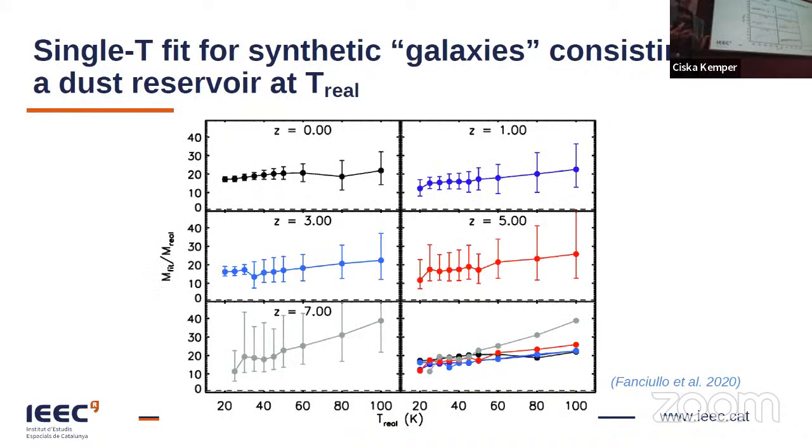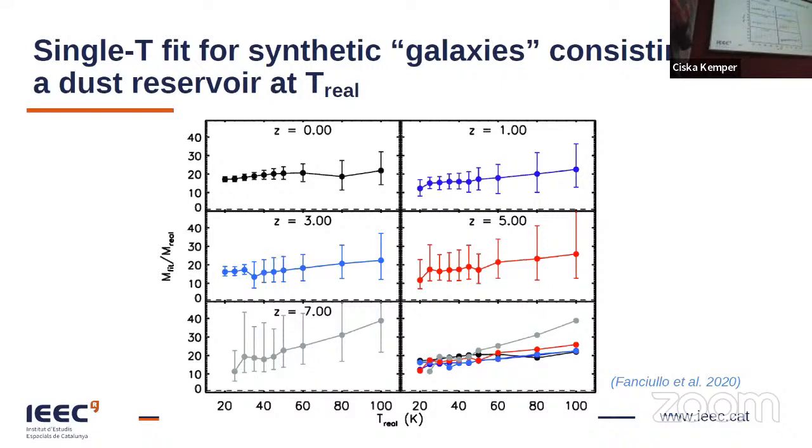So what we first did is we took our opacities and we made a grid of synthetic galaxies, which is basically a cloud of dust at a single temperature. And we did this at different temperatures, and then we placed this galaxy, this cloud of dust, at different redshifts.